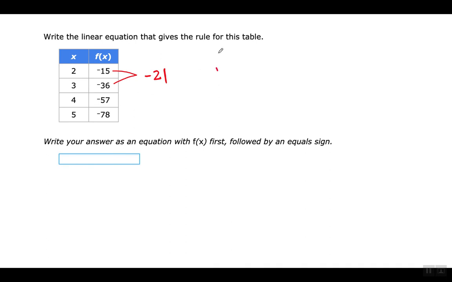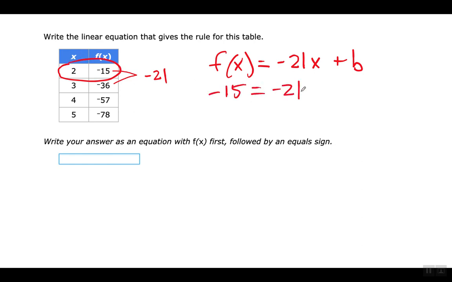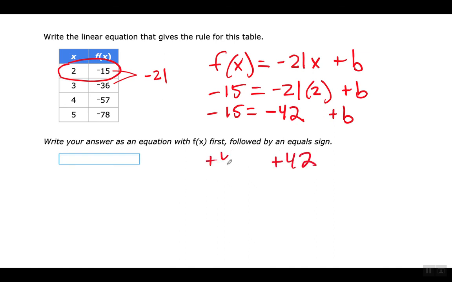Okay, so my slope is going to be f of x equals negative 21x plus b. Now when I substitute this first pair for x and f of x, I'm going to get negative 15 equals negative 21 times 2 plus b. And that's going to give me negative 42 plus b. Now I'm going to move the negative 42 to the left by adding 42 to both sides.